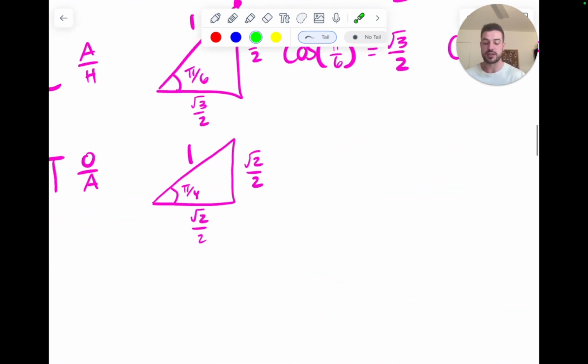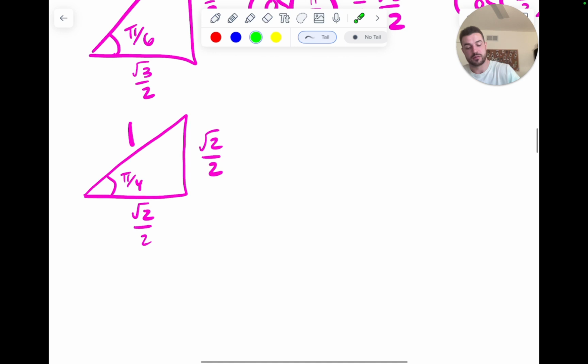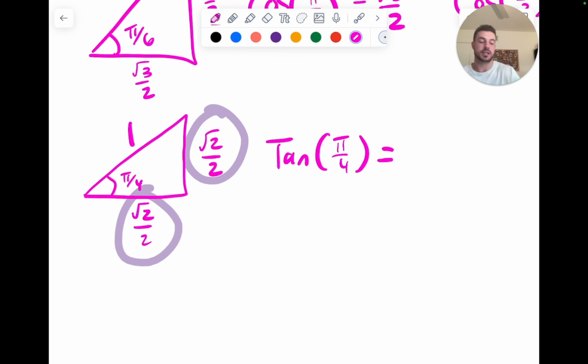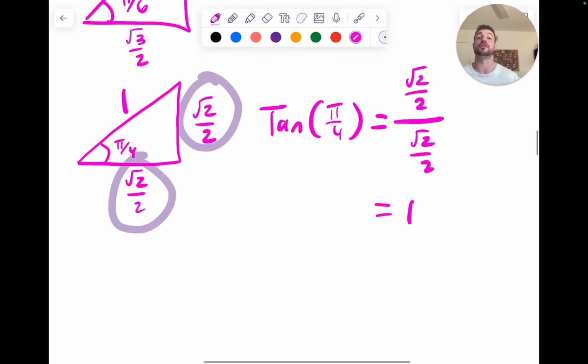Now, tangent is opposite, which is this divided by this. So tangent of pi over 4 is going to be equal to root 2 over 2 divided by root 2 over 2, which is just 1. So whenever we're finding the tangent of an angle measurement, all you have to do is take the y value and divide it by our x.